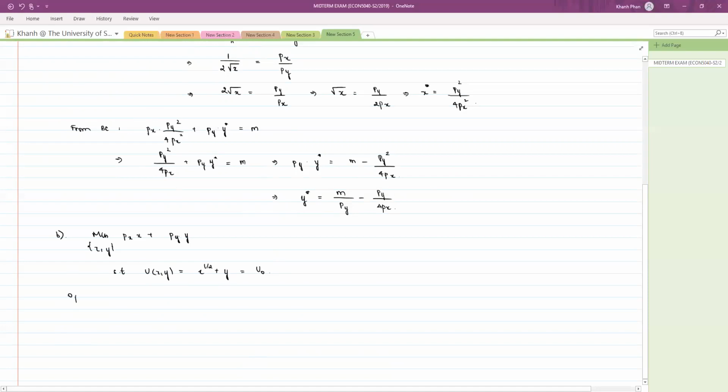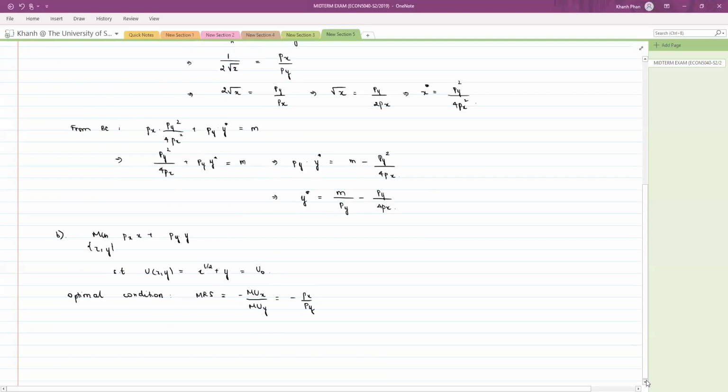Again, the optimal condition is going to be the same, where the marginal rate of substitution has to be equal to the price ratio. So negative marginal utility of x over marginal utility of y has to be equal to px over py. Either for Hicksian or for Marshallian, the optimal conditions remain the same, just like what we did in the review session.